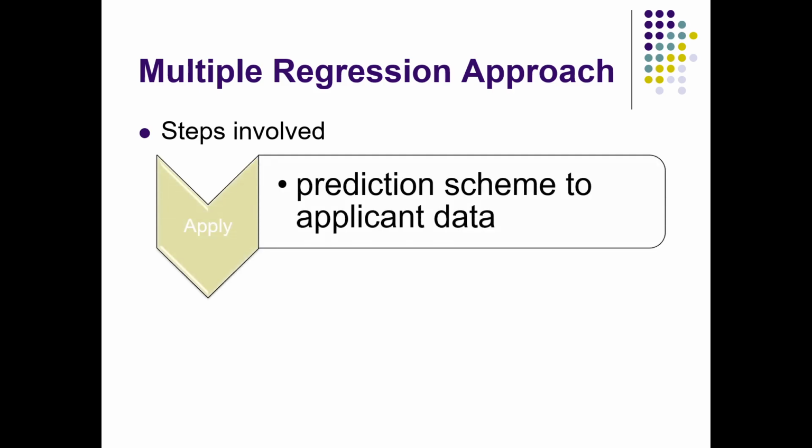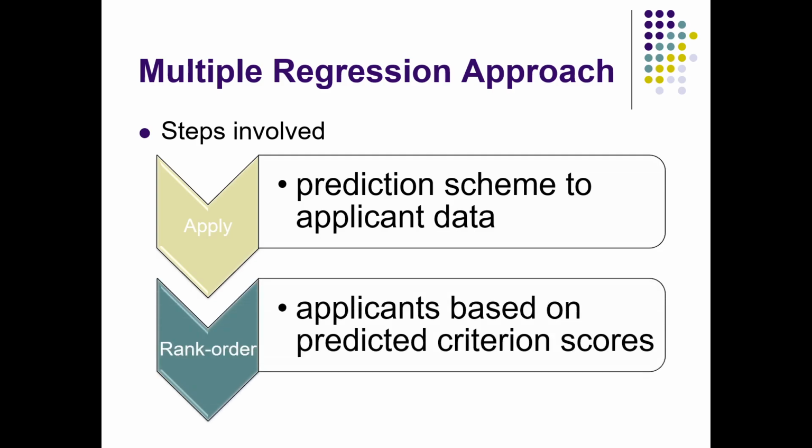All right, so the steps involved. First off, we're going to have some kind of prediction strategy that we're going to use with the applicant data. So we're going to try and figure out a way to apply a strategy to use the applicant data to make our prediction.